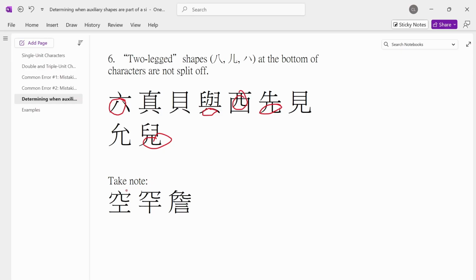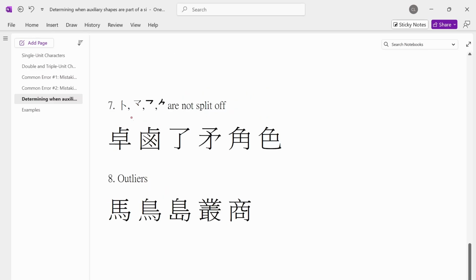So in these characters, this one is one whole unit, this one is one whole unit, and this is one whole unit. And these shapes are also not split off, so all of these are single unit characters.